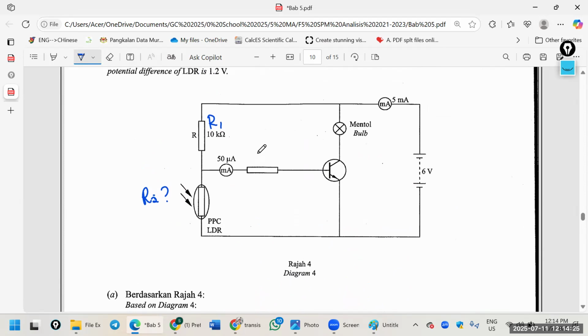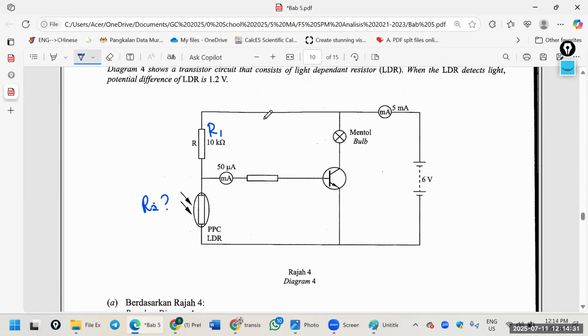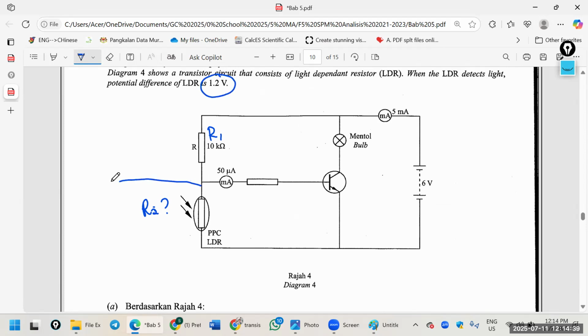How to do? They don't give any voltage. Yeah, here got 1.2 volts. So I encourage you to draw a voltage, 1.2 volts.